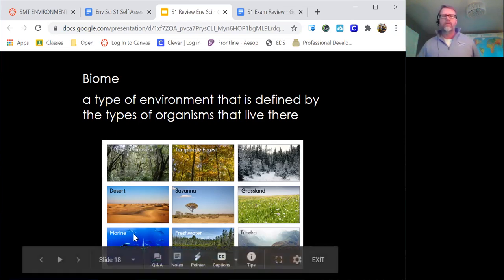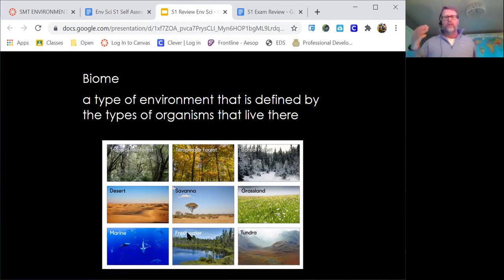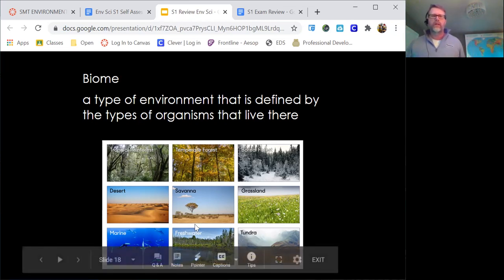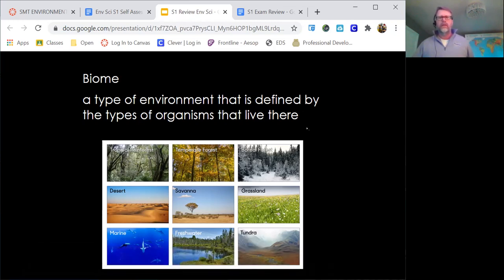Marine is a saltwater environment. Freshwater environment, well, that's what we saw in our bottled biosphere. There's going to be very little salt, but a lot of algae, maybe some moss, fish, those types of things. So be prepared to answer that either way, and look at the exam and the old homework if you need more examples.